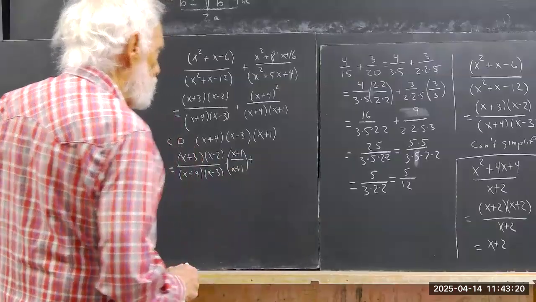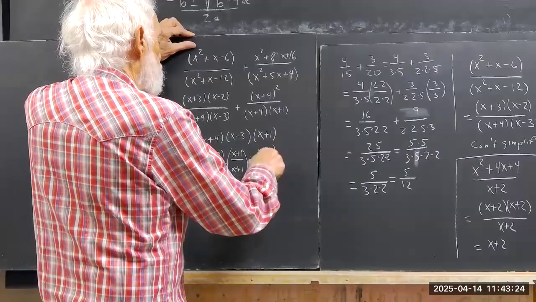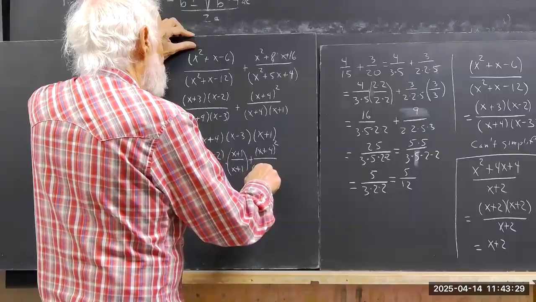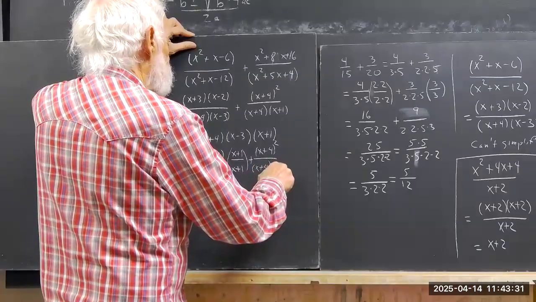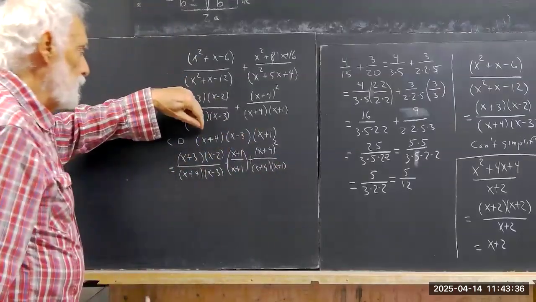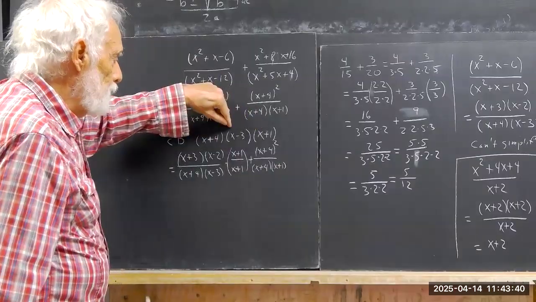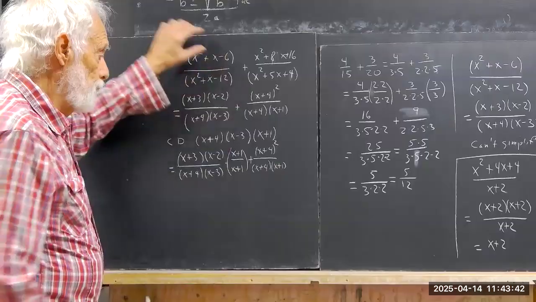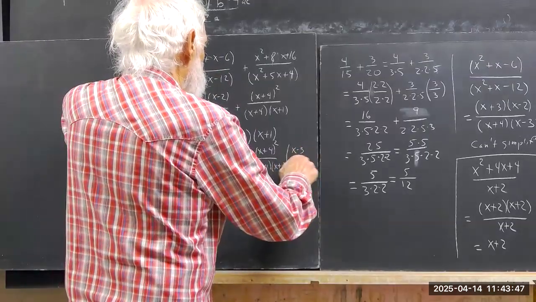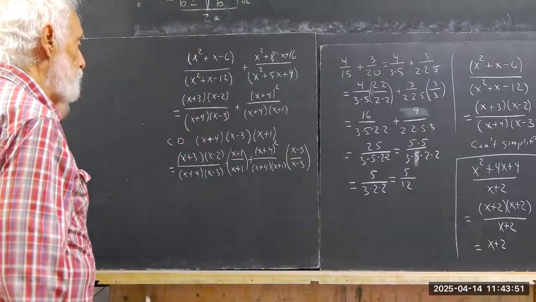And then my second fraction, or rational expression, is x plus 4 squared over x plus 4 times x plus 1. My common denominator has x plus 4 and x plus 1, but it's also going to need x minus 3. So I multiply the numerator and denominator of my second rational expression by x minus 3.